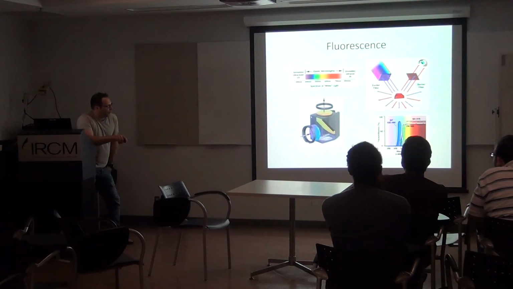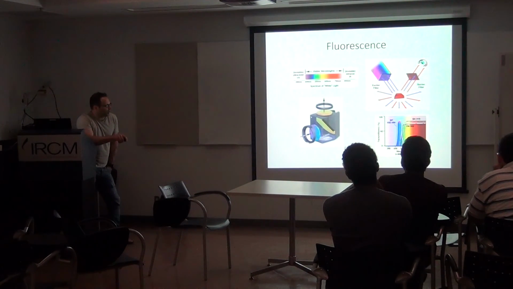So if you have a specific filter for, let's say, excitation, it would be here. So this blue one would only transmit light in this portion.